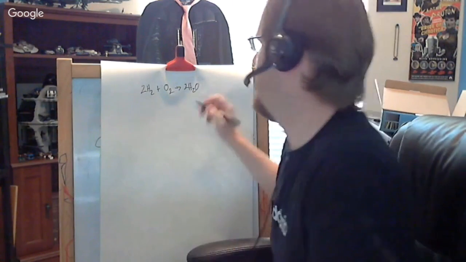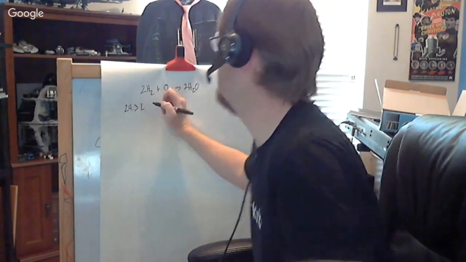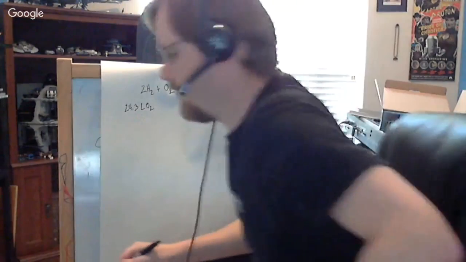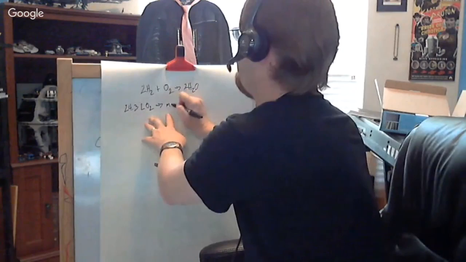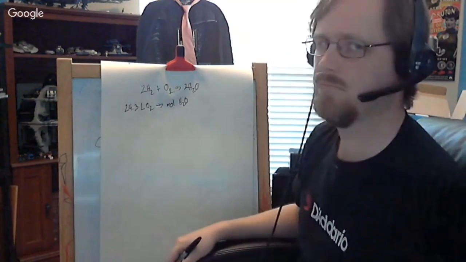Let's say that we have 24.3 liters of oxygen, and I want to convert this into moles of H2O.